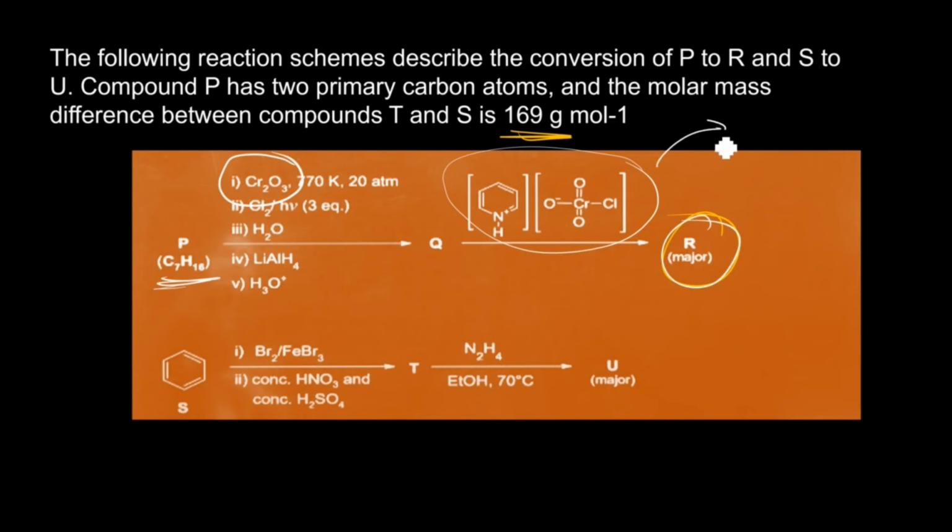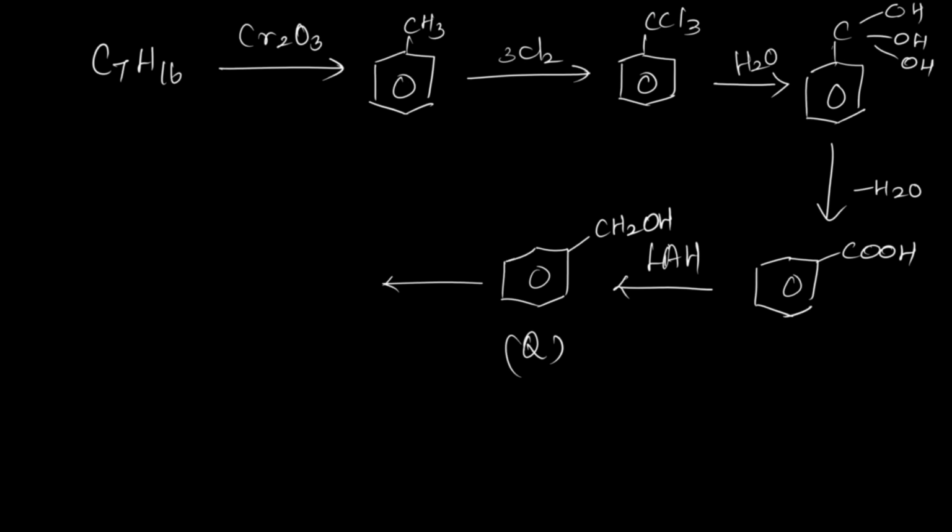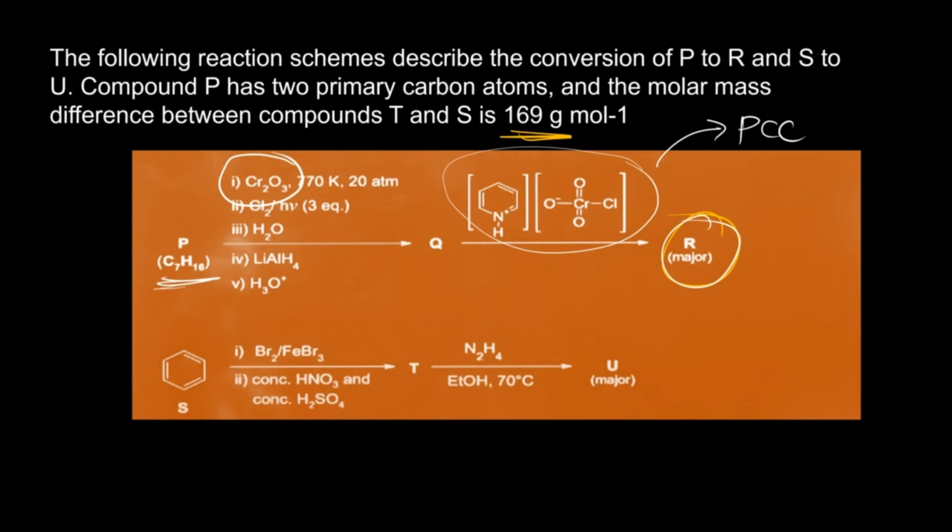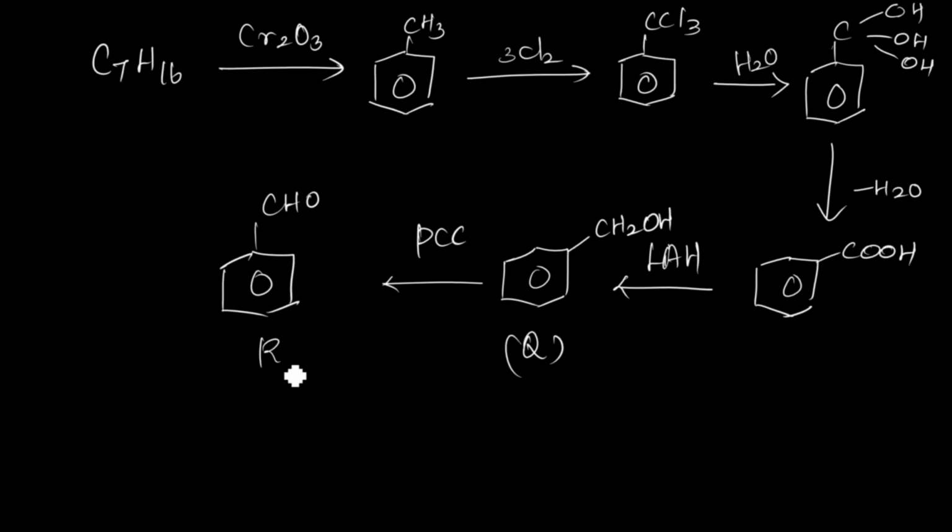This is PCC, sometimes they will give it in structure form as well. PCC is a mild oxidizing agent, so primary alcohol goes to aldehyde group. So this is our R, the major product.